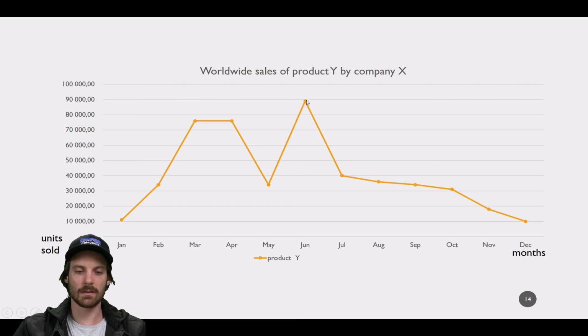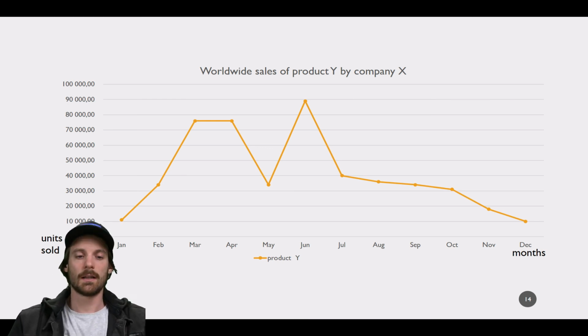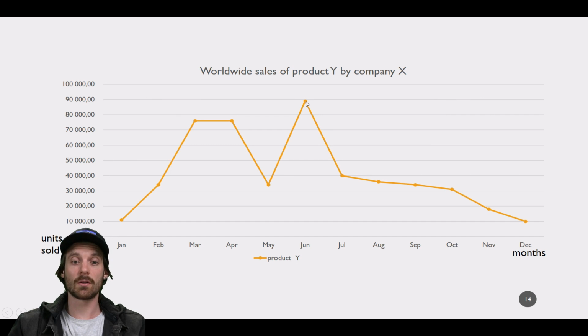In June 2017, 90,000 units were sold, but the units sold plummeted from the beginning of June until the beginning of July, and then they slightly decreased, and decreased, of course.